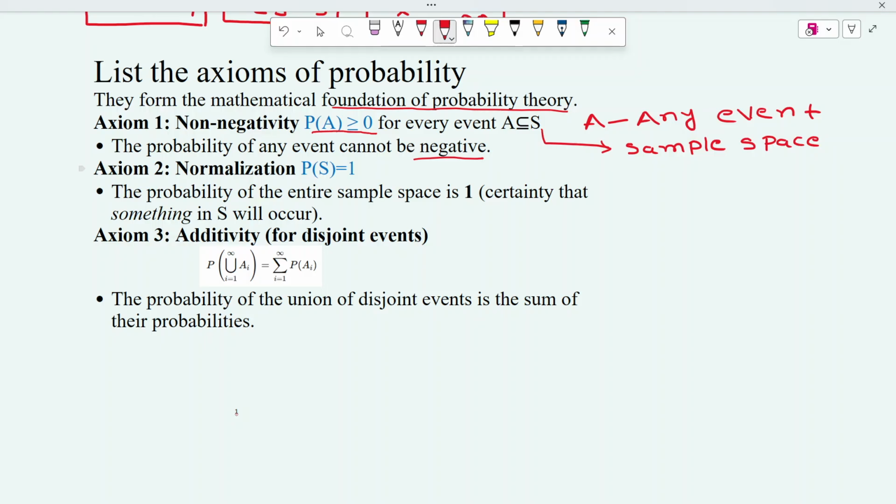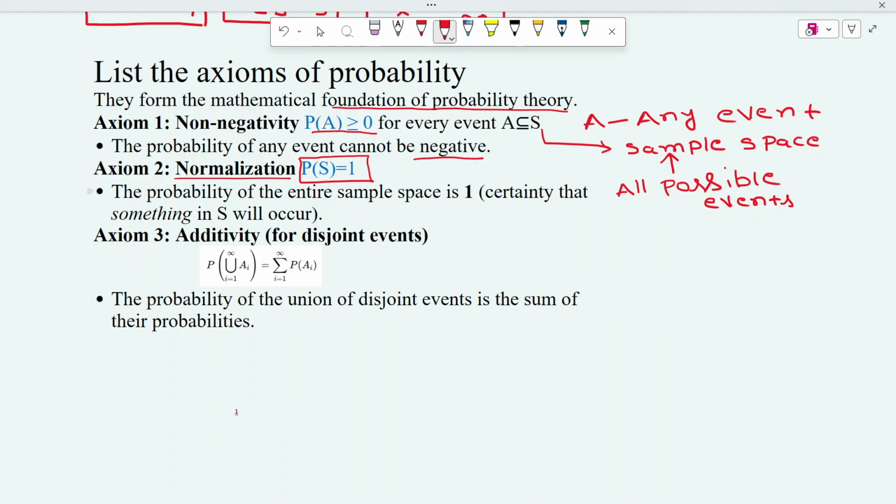The second one is normalization. That means the probability of the entire sample space is equal to 1. What is the sample space? Sample space contains all possible events.